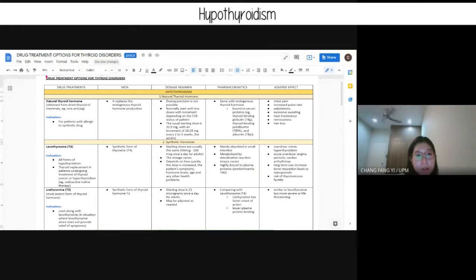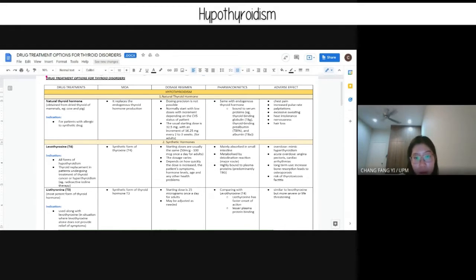So the mechanism of action for levothyroxine is the same as the thyroxine hormone that is synthesized in our body because it is a synthetic form of the thyroxine T4 hormone. And the starting dosage for levothyroxine is usually the same for adults, which is 50 microgram to 100 microgram once a day. But the dosage actually varies.